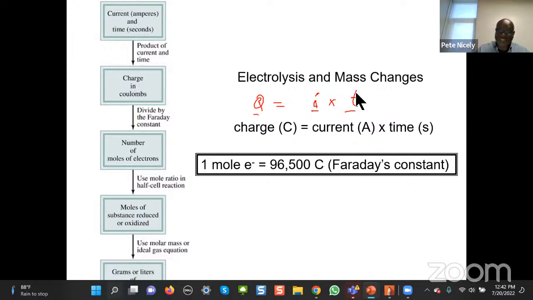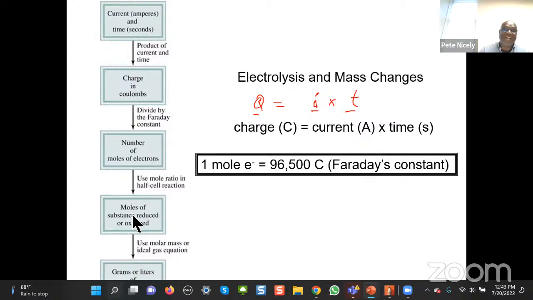So the type of problems that you're going to face in this section is basically outlined in this flow chart right here. So you could be given a problem where you're given the current and the time. Based on those two, you can calculate the charge. And then based on the charge in coulombs, you can convert that to Faradays, which basically gives you the number of moles of electrons.